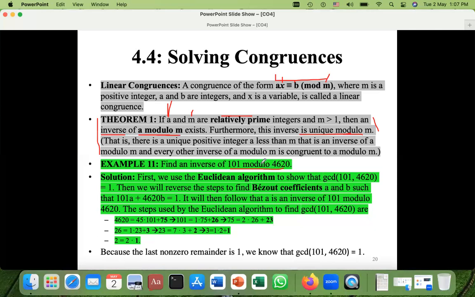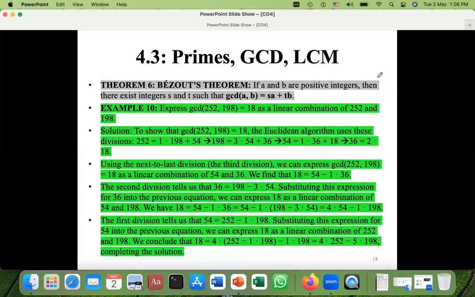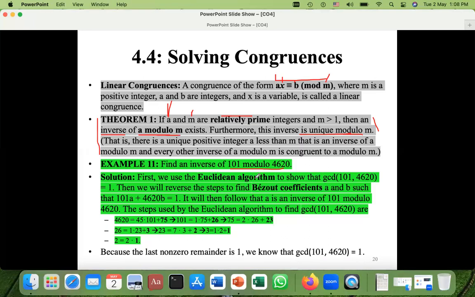And you can find that GCD with the previous technique, which is the Euclidean algorithm. So you can use the Euclidean algorithm to find the GCD of 101 and 4620. That is the first step to solve this question.